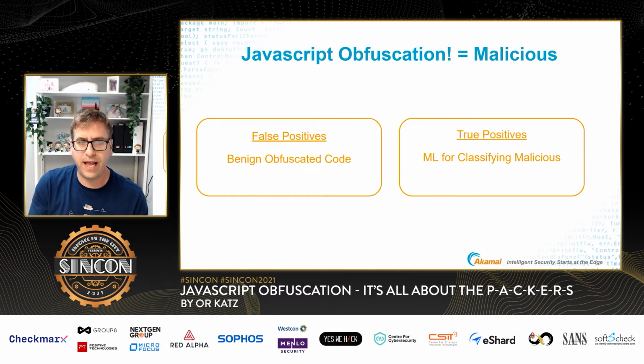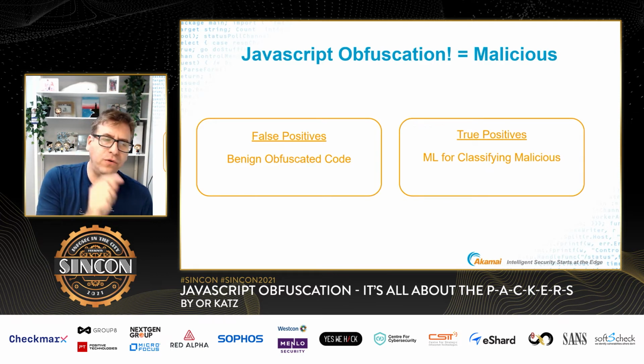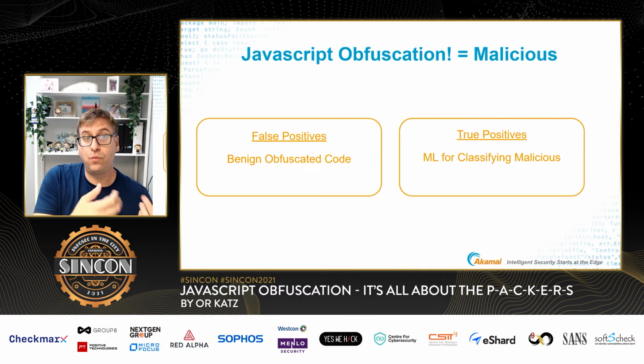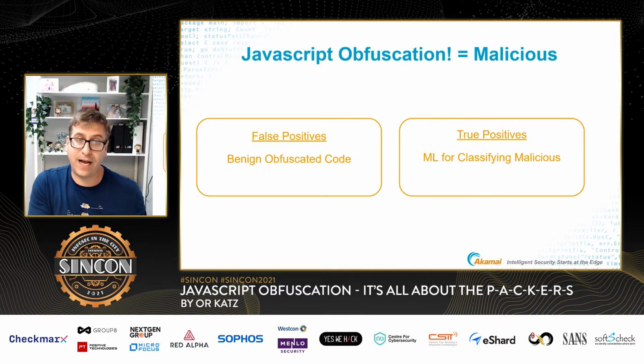One approach, on the left, will focus more on the false positive side, meaning we will look into the websites that are highly popular and try to figure out if we can do some sort of pivoting and some, let's call it, whitelisting of those files being used.